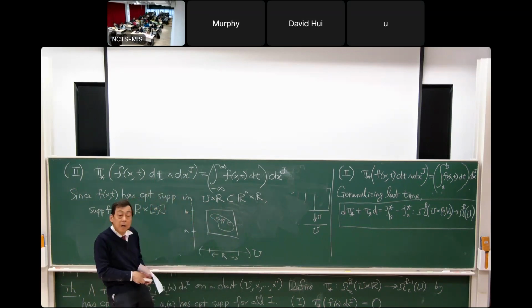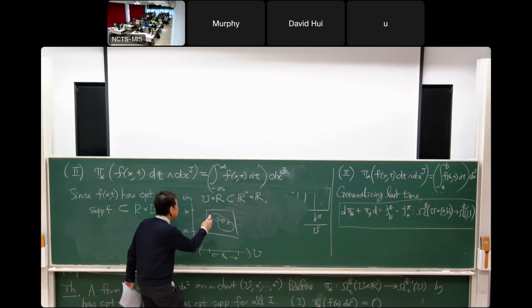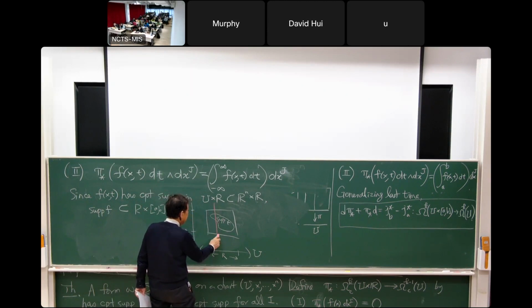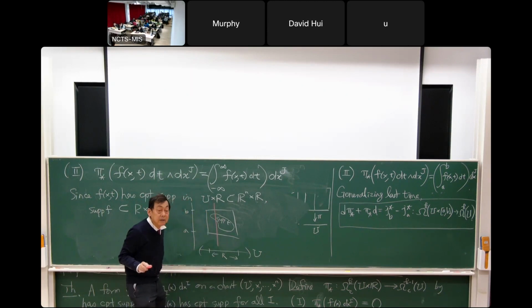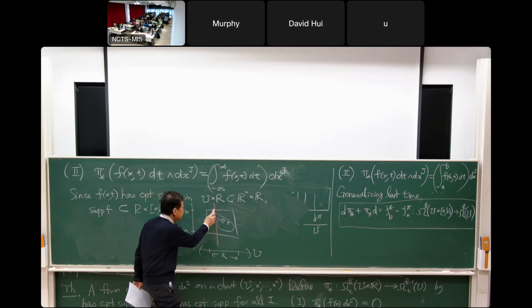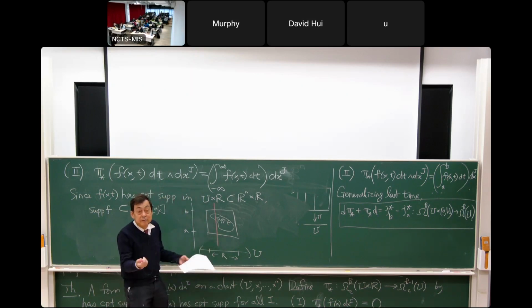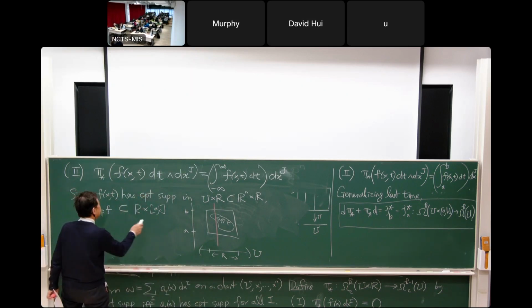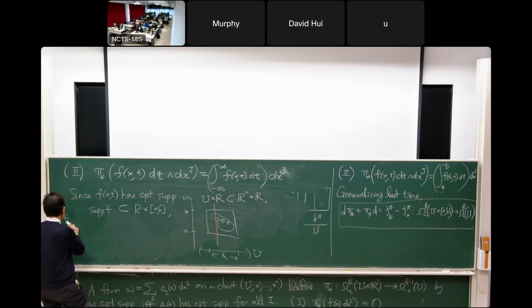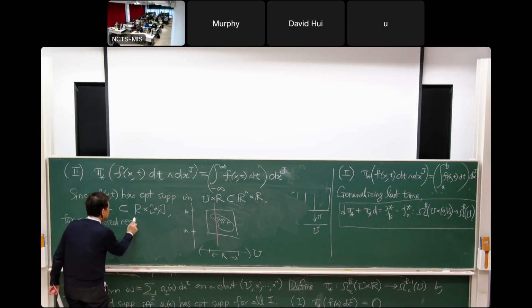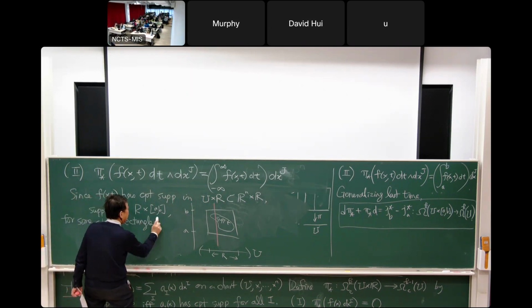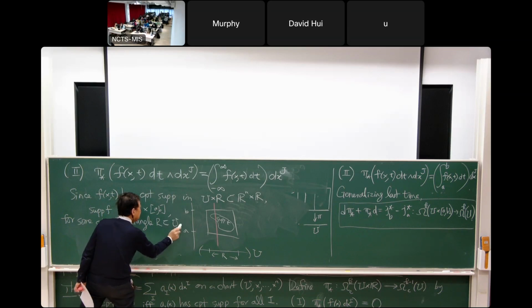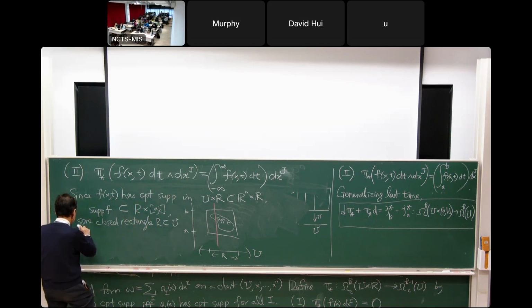And so when you integrate along the fiber from minus infinity to infinity, it's the same as integrating from A to B, because the support of F is inside that closed rectangle, for some closed rectangle R inside U, and some closed interval AB.